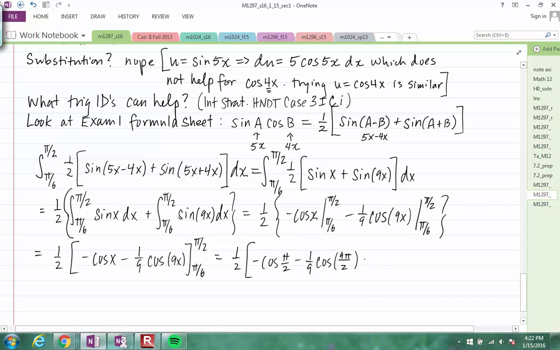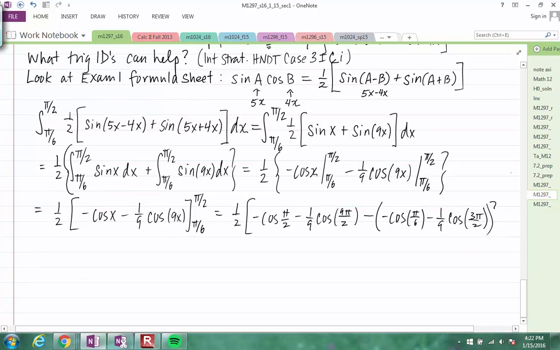Next thing, we have minus negative cosine of pi over 6 minus 1/9 cosine of, let's see here, it's going to be 9 pi over 6. I'm going to reduce that thing to 3 pi over 2.